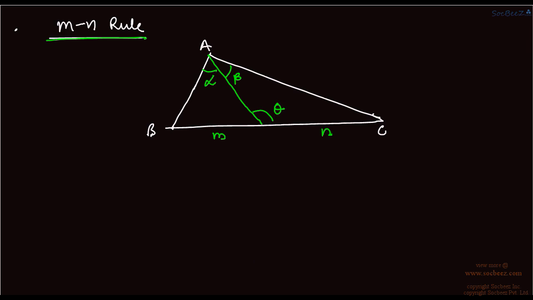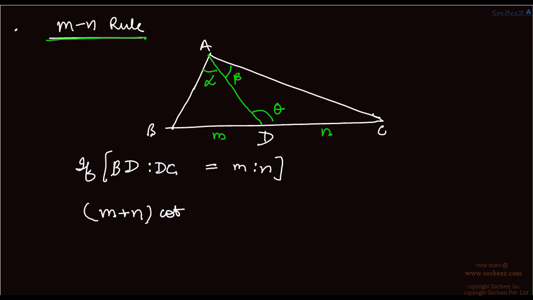Now this is not one of the important formulas, but you should know this. BD upon DC is given to you, this is D, as m is to n. If this is given, then m plus n cot theta will be equal to m cot alpha minus n cot beta.